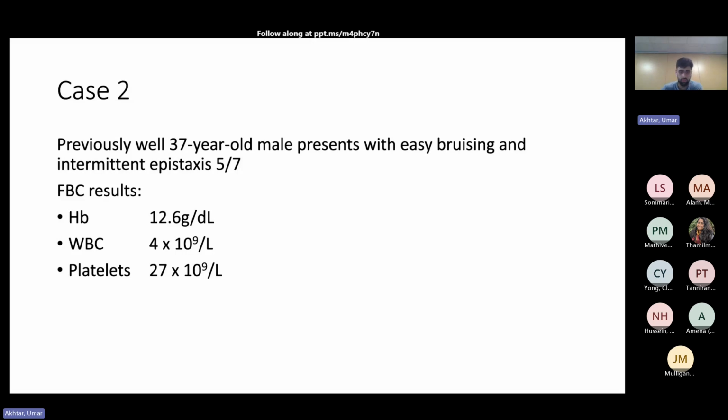Would someone like to interpret for me? You don't have to give me a diagnosis, just tell me what's wrong with these blood results, if anything.